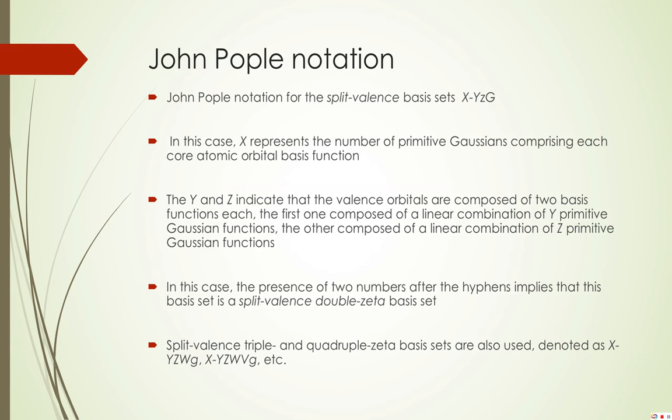This is a linear combination, and the other composed of a linear combination of Z primitive Gaussian functions. In this case, the presence of two numbers after the hyphen implies that this basis set is a split valence double zeta basis set. Split valence. What is split valence, triple and quadruple? The same thing; N, you multiply N, N is equal to 1, 2, 3. Split valence triple and quadruple zeta basis sets are also used, denoted as X-YZW-G, or maybe X-YZWV-G, etc. Next slide.